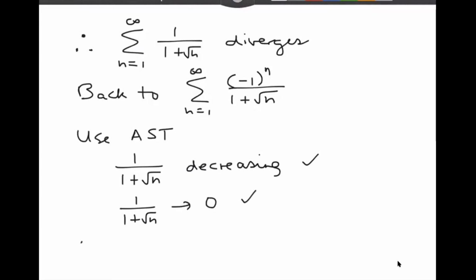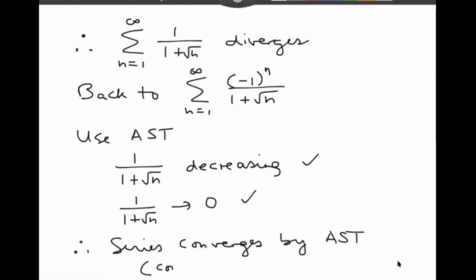All right. So the alternating series does converge by the alternating series test. And since it does not converge absolutely, they didn't exactly ask me this, but I'll go ahead and say it anyway. Since the original series does not converge absolutely, that means that the alternating series converges conditionally.